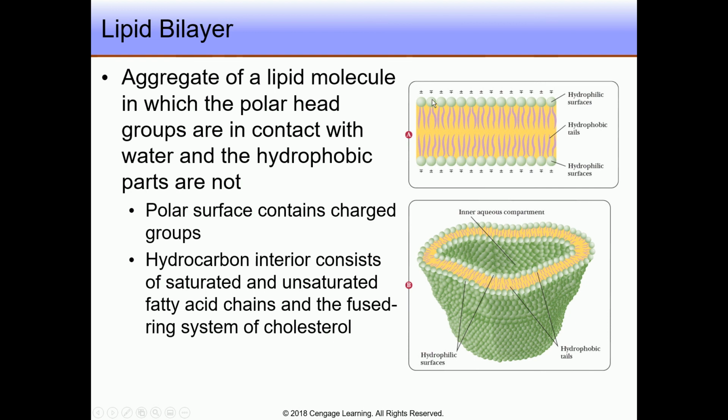Polar heads, because they are polar, are soluble in water, and this side of the phospholipid is all non-polar or hydrophobic, which means this side of the lipid is insoluble in water, it is afraid of water.